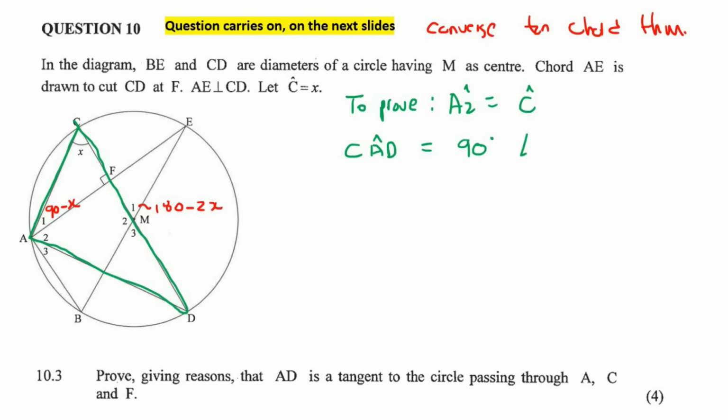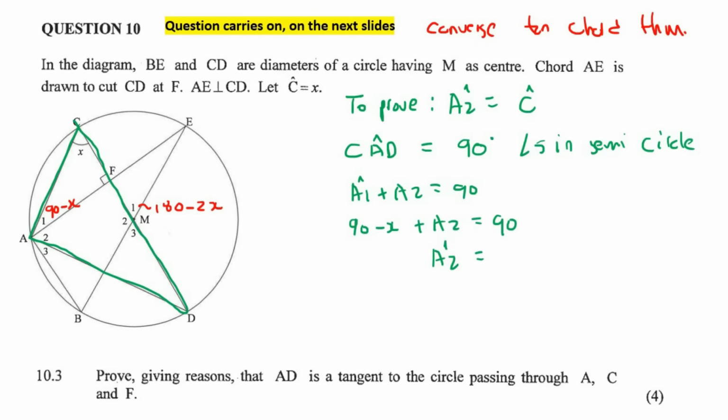And that's just because of angles in semicircle. So then we can say that angle A1 plus angle A2 is 90 degrees, but angle A1 is already 90 minus x. So you can go work out angle A2 now, and what you would find is that angle A2 is going to be equal to x.